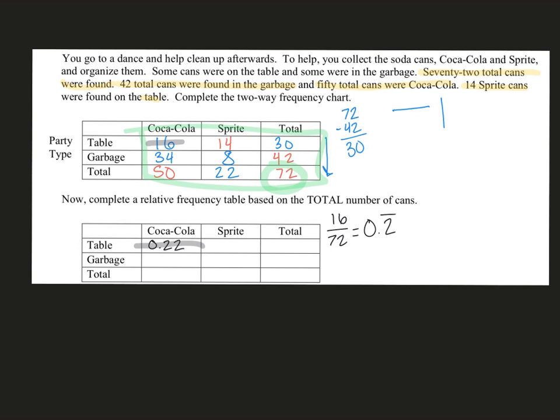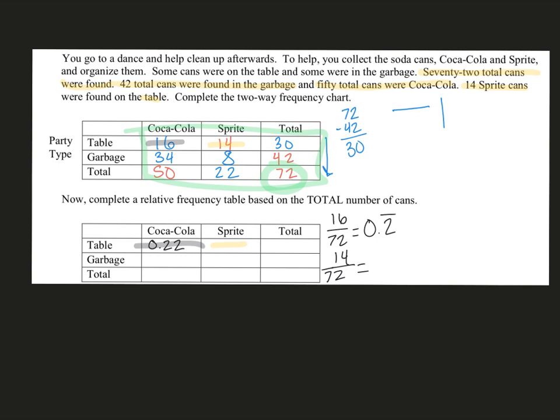I am going to repeat this for everything else. So the next one I would do would be Sprite on the table. So when I do that, I am going to take 14, because that is the number for Sprites that we found on the table, and I am going to divide it by 72.